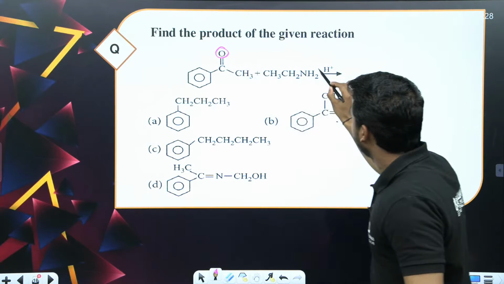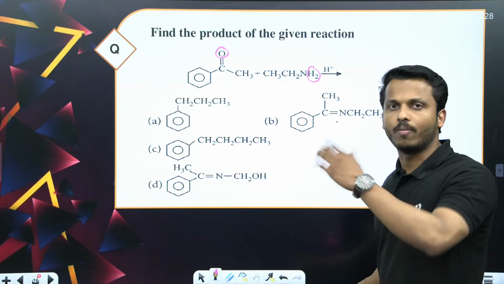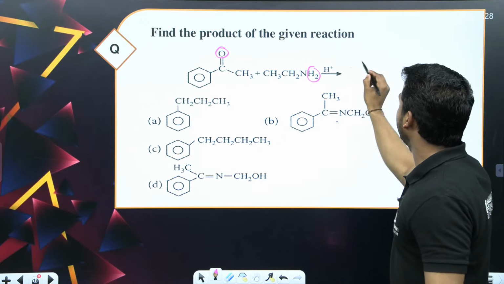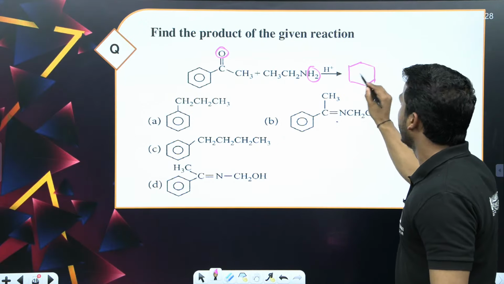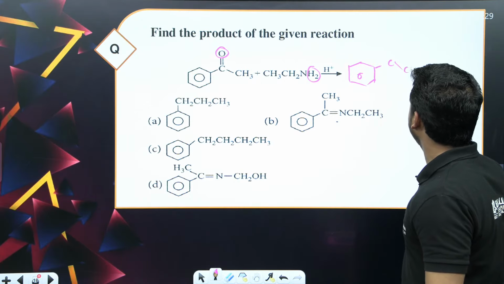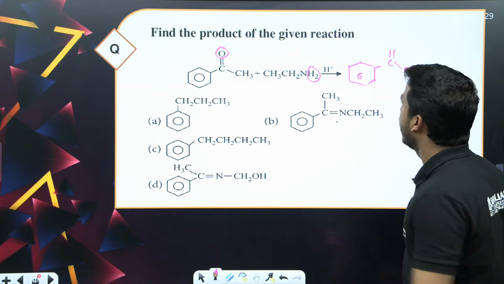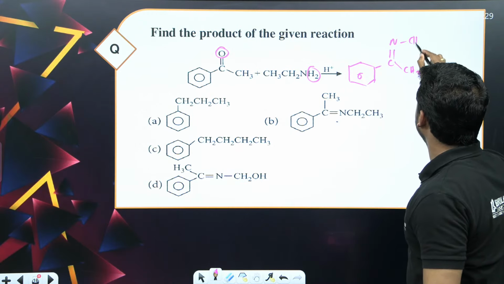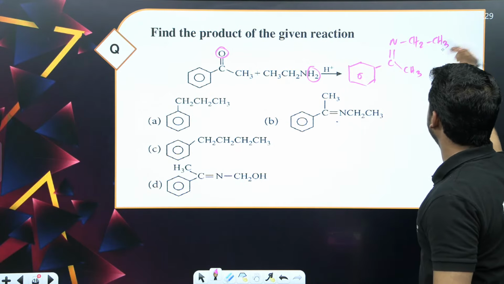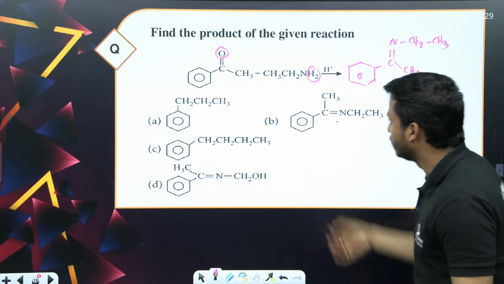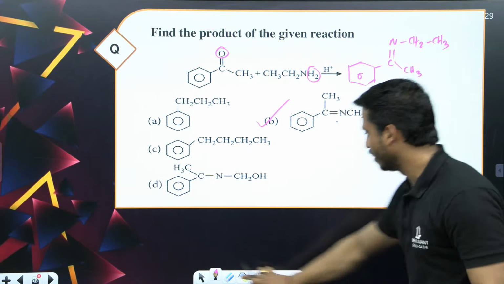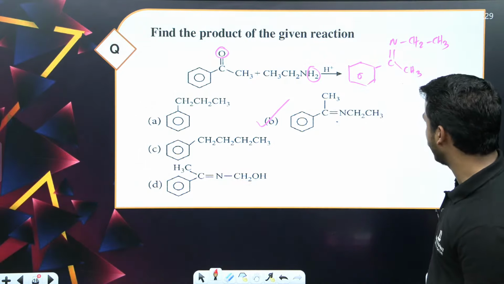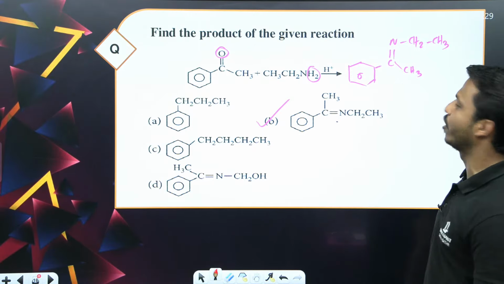This oxygen and this H2, please cut and remove as H2O. What is left in the system? You have benzene, then C with CH3 and a double bond. On the double bond, this nitrogen will attack, giving N-CH2CH3. Yes, we will get this derivative. That is option B, C-CH3 double bond N-CH2CH3.